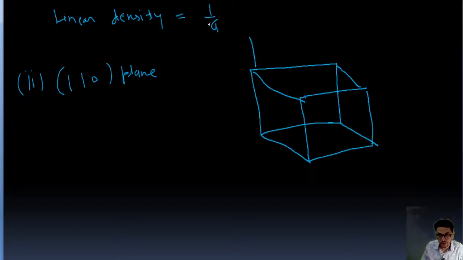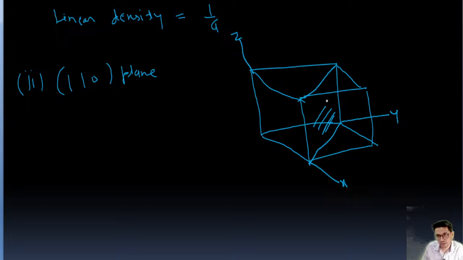This is the z axis, this is the y axis, and this is the x axis. For this plane I have already explained, you can check my previous lecture. This is the plane, guys, and these are the corner atoms.